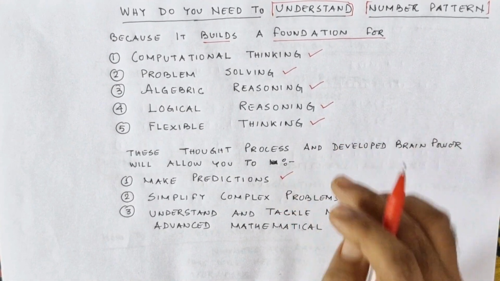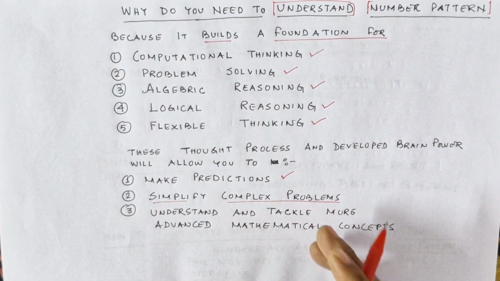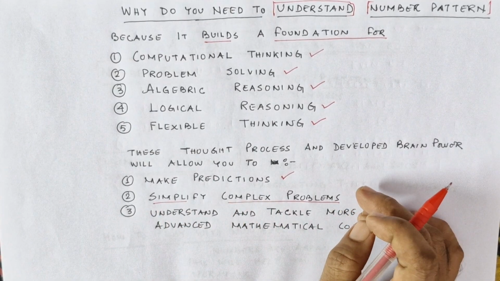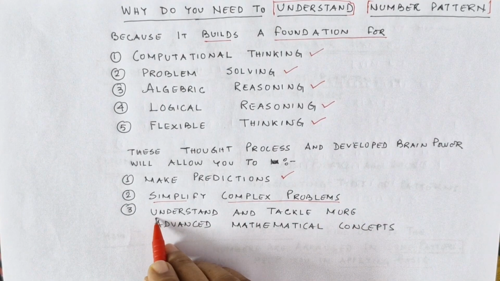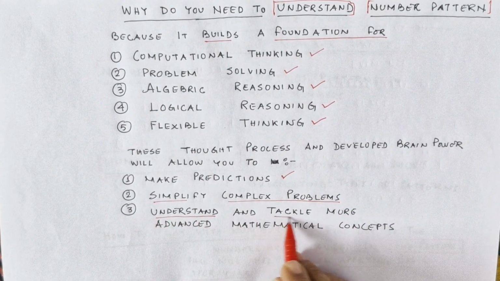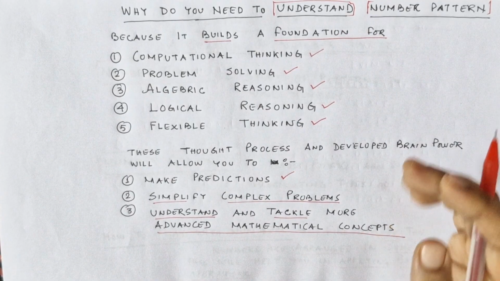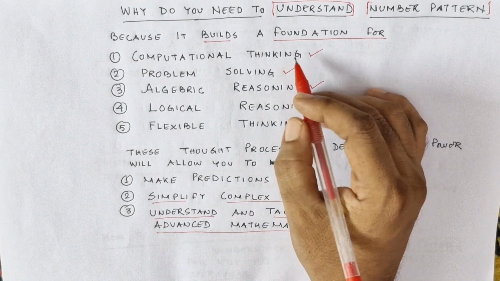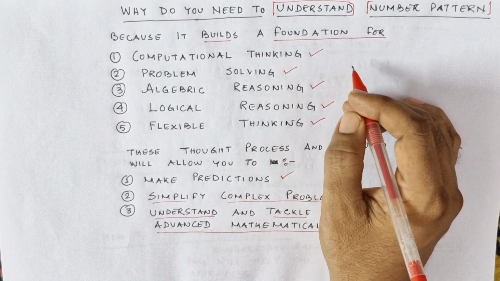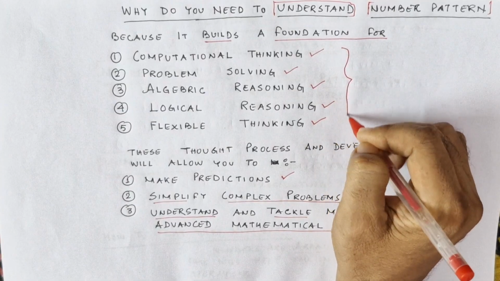You can predict. You can simplify complex problems. This will help you to understand and tackle more advanced mathematical concepts. Obviously, once you have developed brain power, this thinking, this reasoning, this solving attitude, everything gets sharpened.